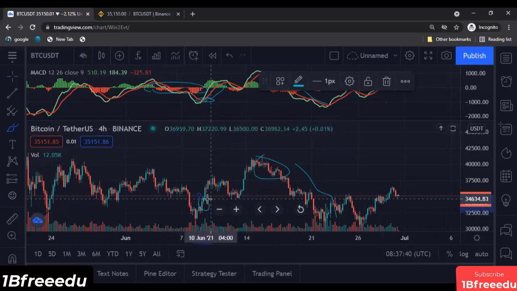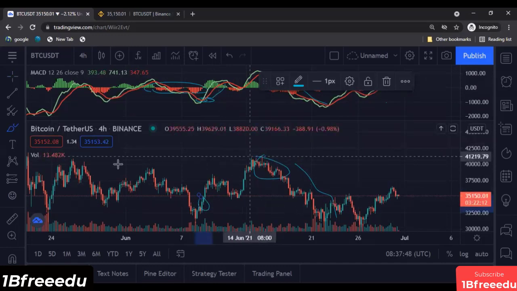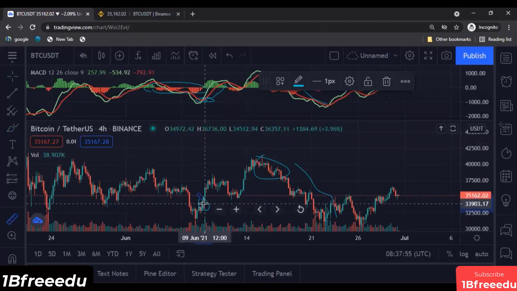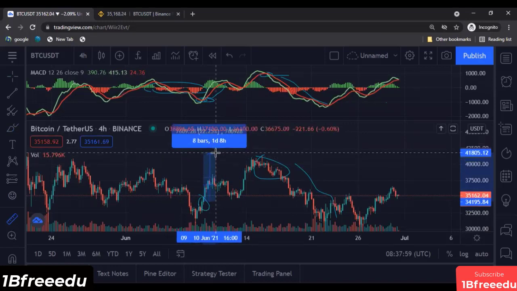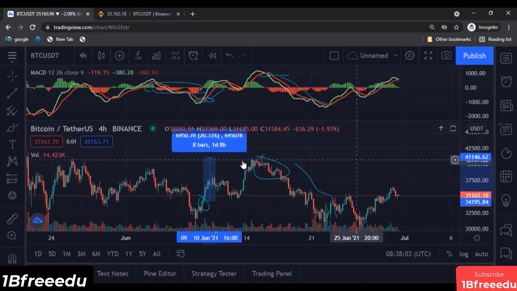As soon as there's a crossover, you get that indication that it would move up. And as you can see the green line is above, so if you would have taken the trade here, the prices went from here almost here, from 34,000 to roughly around 40,000, which is almost 20%.